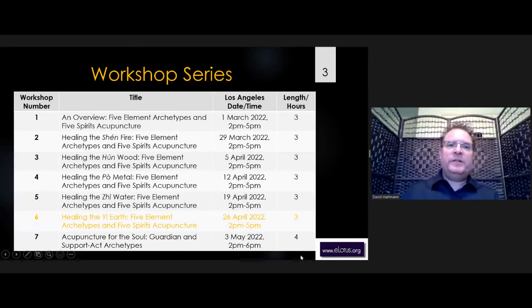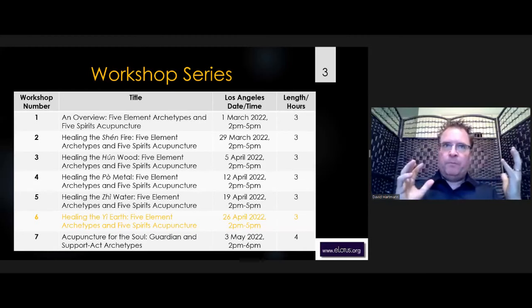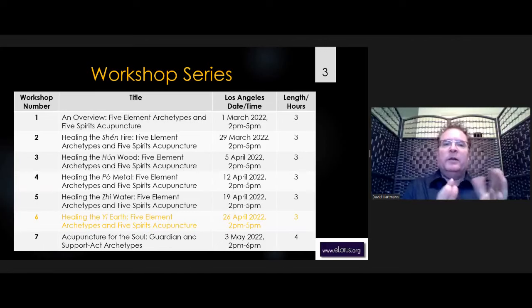So as you can see, what we've been going through is the first one was the overview, and then we went through Shen fire first, as some of you are aware of because you've watched it. That was the design, because if you start with Shen, it's what makes up all of the 5 spirits. So start there, and then I work my way through.